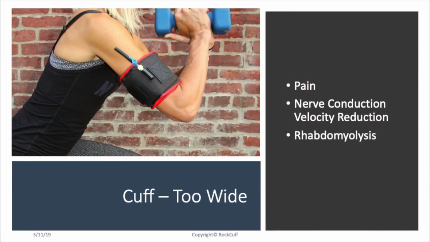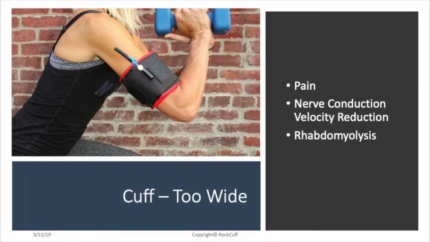That's not blood flow restriction. That is restricting range of motion, and that can cause pain. That will also cause an increased potential for bruising. The other thing that wider cuffs will lend to is reduction in nerve conduction velocity. Now, as an ACL guy and movement guy, we don't want that.